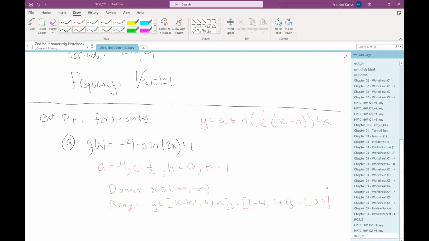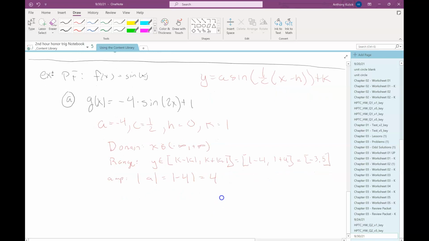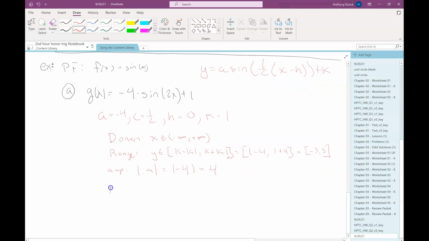Everybody's okay there? Okay. How about the amplitude? That's the absolute value of a. So in this case, that's just 4. Everybody's okay with that? The midline is going to be what? Well, the midline's y equals k.